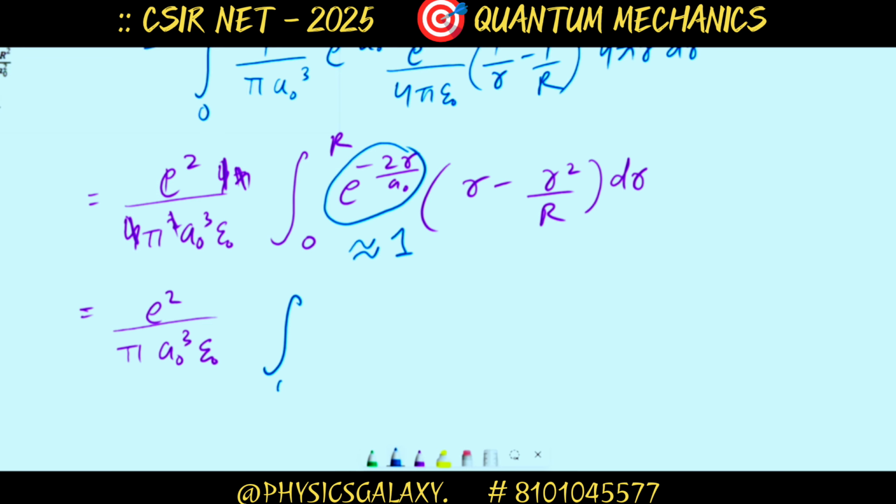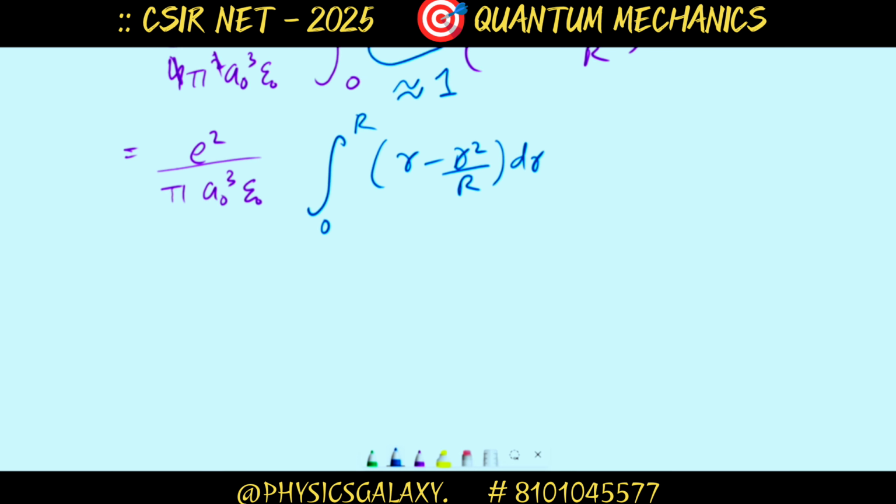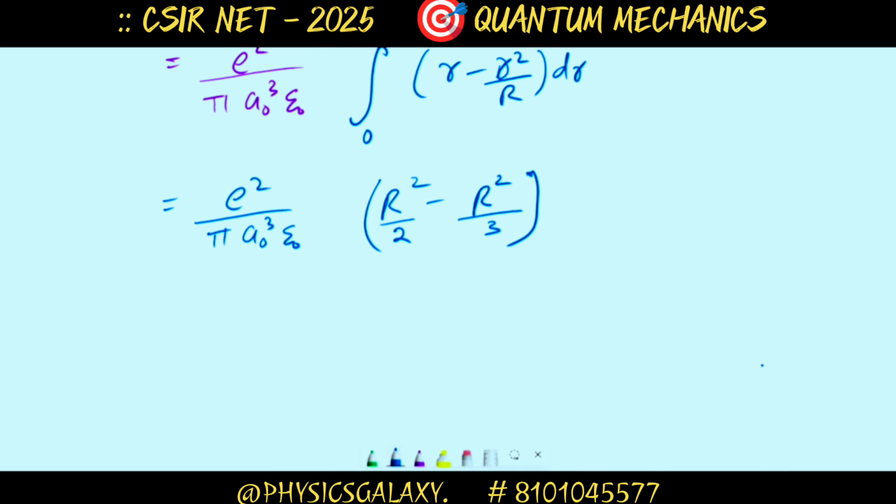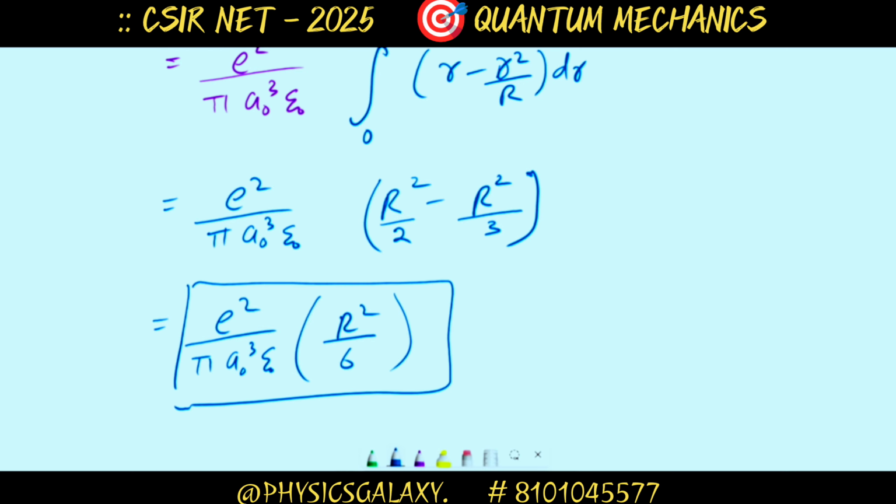So we just need to simplify the integral from 0 to capital R of r minus r squared by capital R, dr. That will become e squared by pi a naught cubed epsilon naught times (R squared by 2 minus R squared by 3). So this is it. It will become e squared by pi a naught cubed epsilon naught times R squared by 6. So this is your answer. This is the shift in the ground state energy.